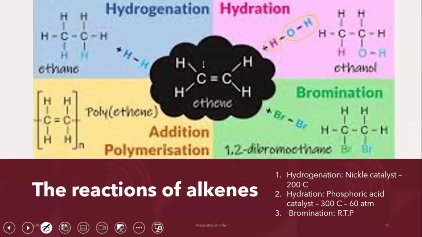One carbon atom will receive hydrogen and the other carbon atom will make a bond with the OH. As a result, you convert your alkene into an alcohol, so ethene into ethanol. The condition for this is a catalyst, phosphoric acid, a temperature of around 300 degrees centigrade and a pressure of 60 atmospheres.